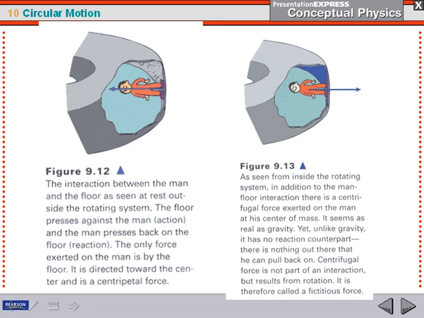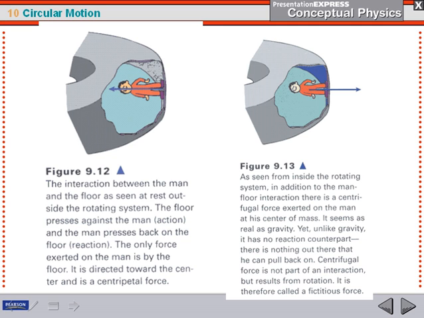Now, if you look here, you can see a man inside a rotating, looks like a tire, but really it's probably supposed to represent a space station. And if you look at the man, the floor is pressing against the man from the bottom, and the man is pushing on the floor.